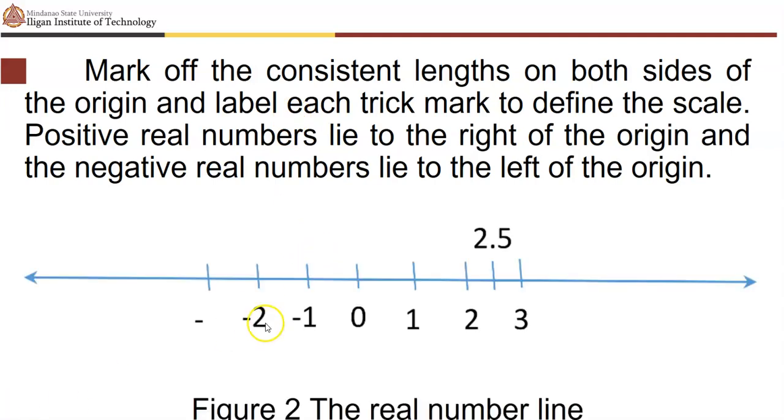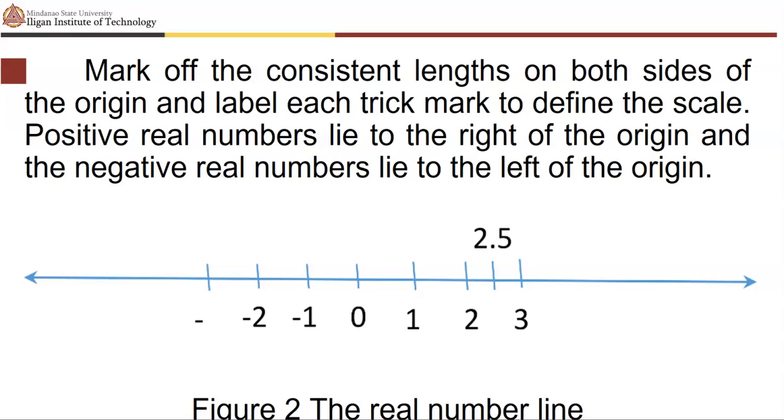So this is how we do it. Notice that if this is negative 2, that means this is negative 3. We divide this equally. These marks here, that one, and that 2. So this mark here belongs to 0, 1, 2, 3.